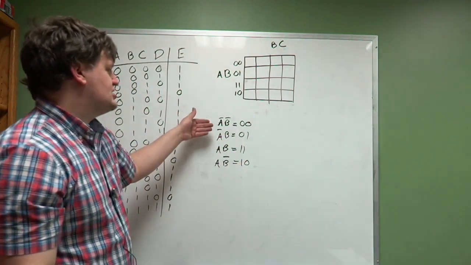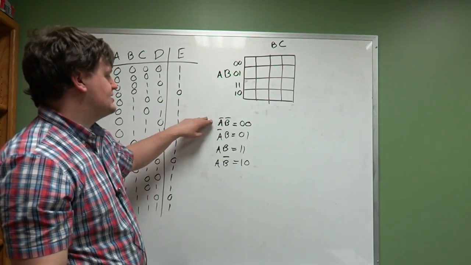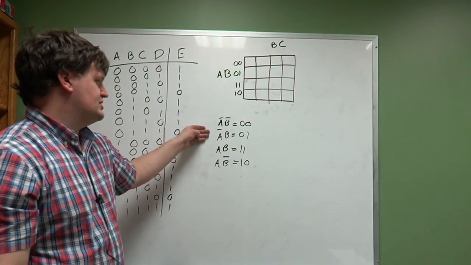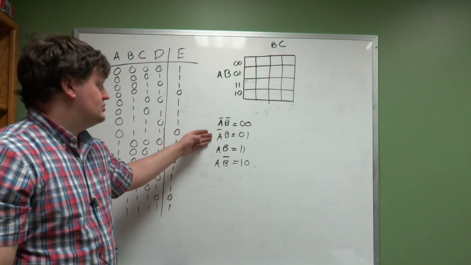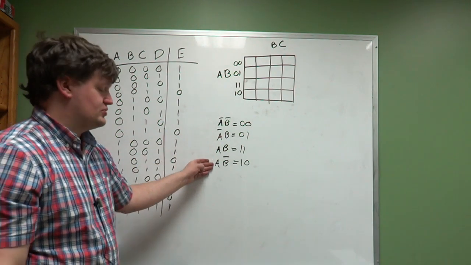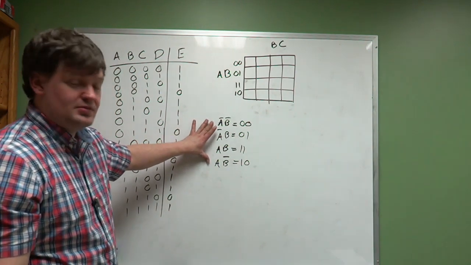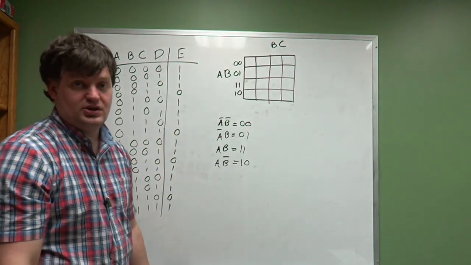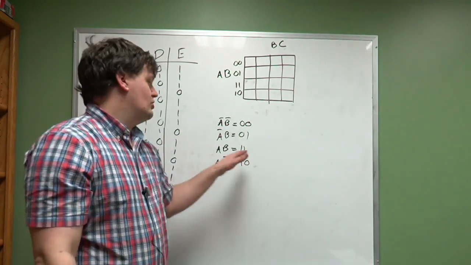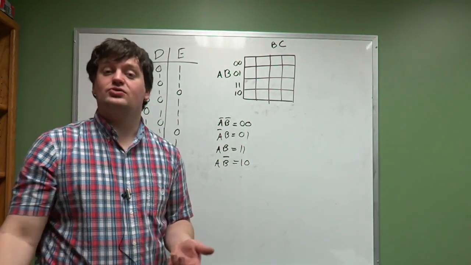Okay, so each time exactly 1 variable changes. Between these two, B turns on. Between these two, A turns on. Between these two, B turns off. Between these two, top and bottom, A turns off. So there's a commonality in at least 1 variable in every single one of these.